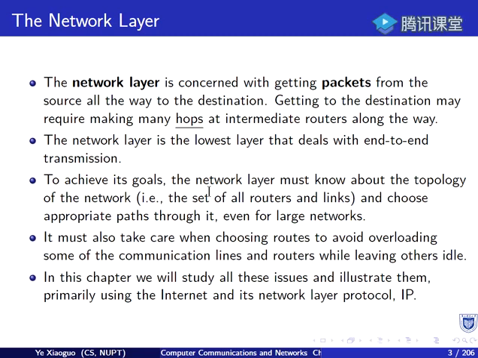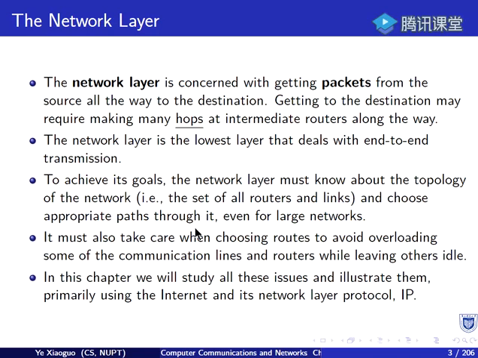Even for large networks, it must also take care when choosing routes to avoid overloading some of the communication lines and routers while leaving others idle. That is traffic balance.